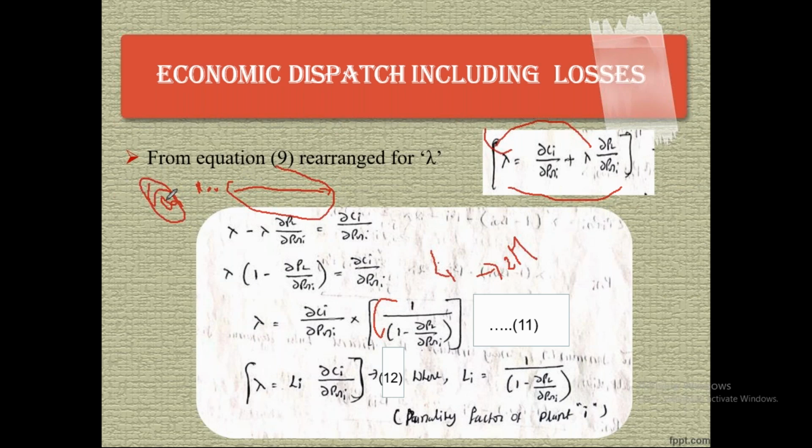These losses should be determined with respect to the penalty factor of a plant. This factor gives the information of how much loss will be happening within the plant itself. That is the use of the penalty factor. For this factor, I derived this equation by using the ninth equation and this lambda.